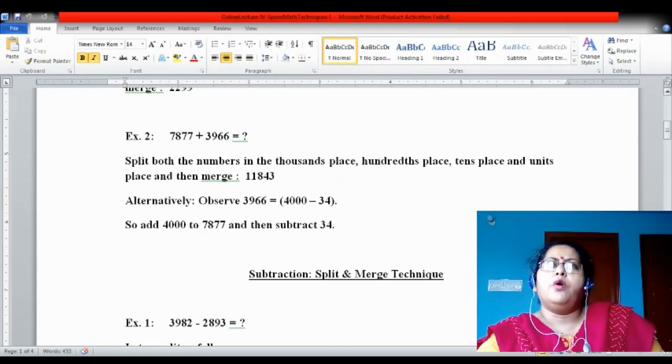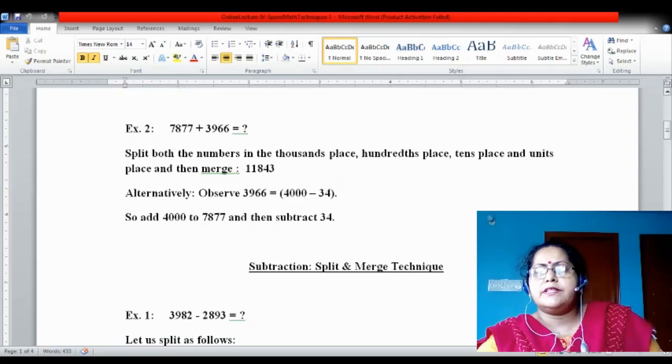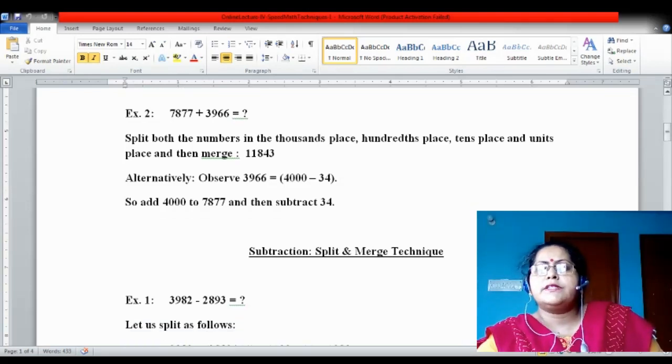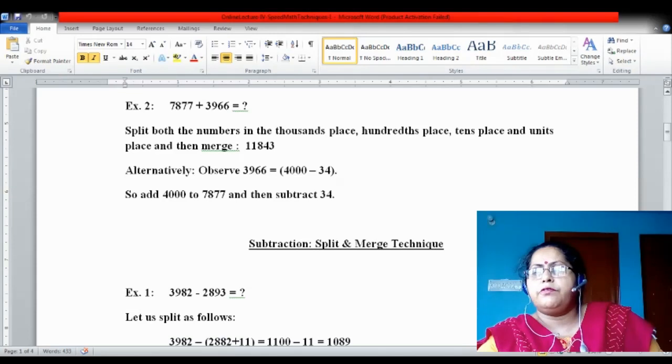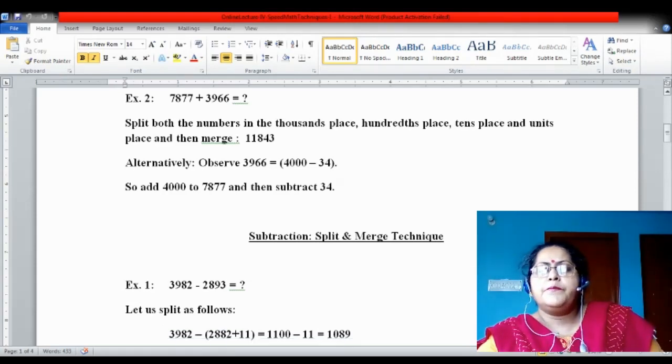Now split and merge again could be done by splitting the numbers into thousand, hundred, tens and units places. But again that will become a bit longer. What else can I do? We have to think intelligently about what else can be a process to get the answer quickly. Now one way, as I show it here, you see 3982.